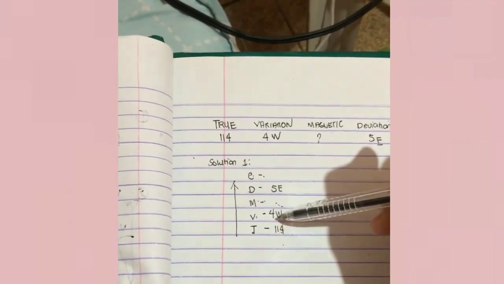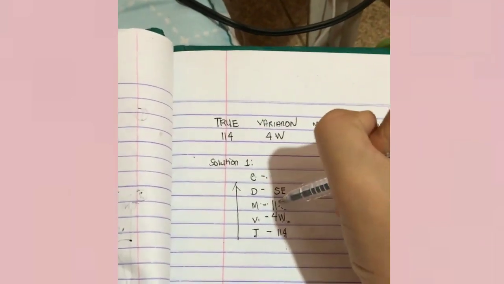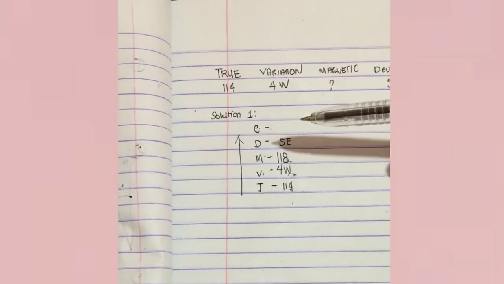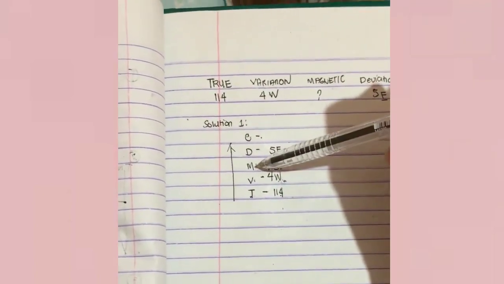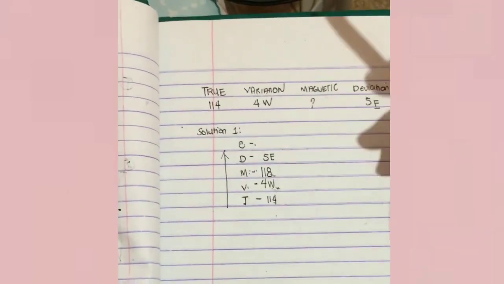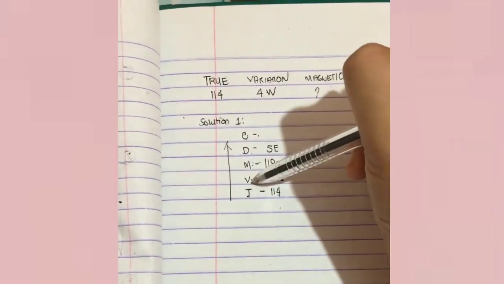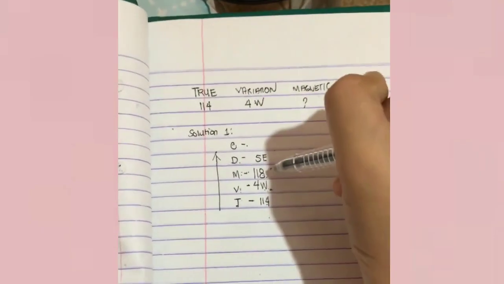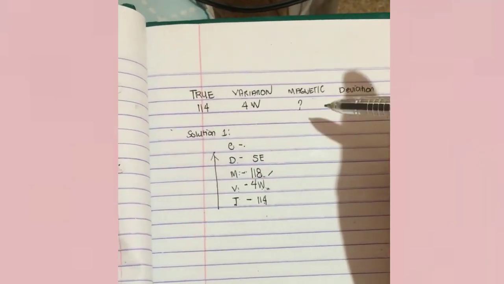So 114 plus 4 is 118. Take note, everyone, that only the errors have their direction. The compass north, the magnetic north, and the true north have no direction. Only the deviation, the variation, and also the compass error do. Okay, so we already have our magnetic north.